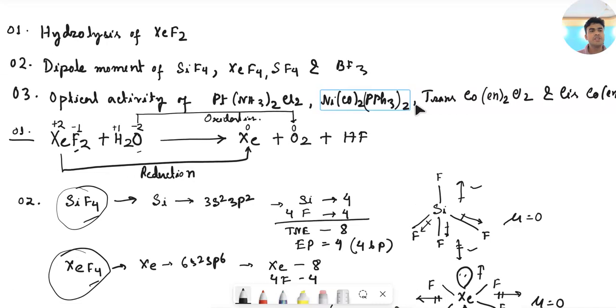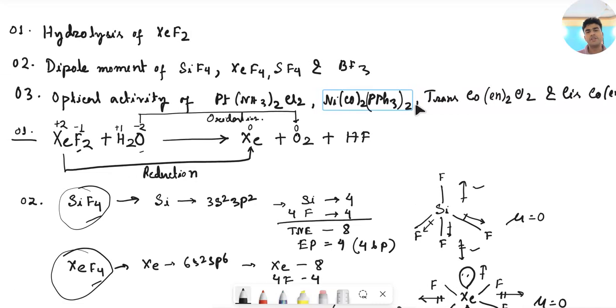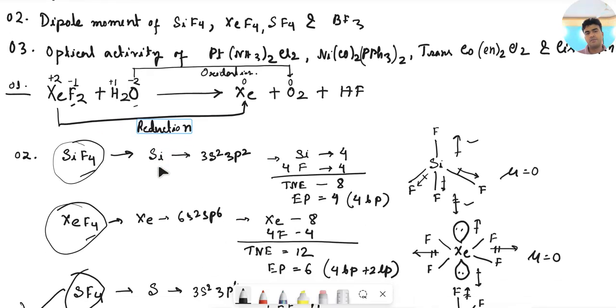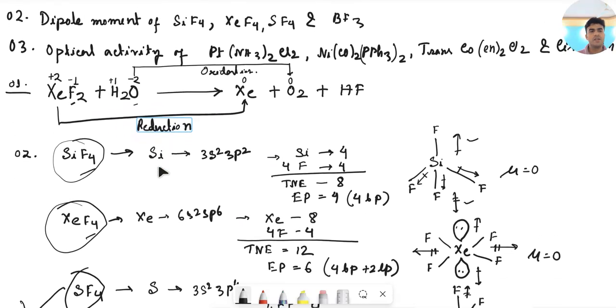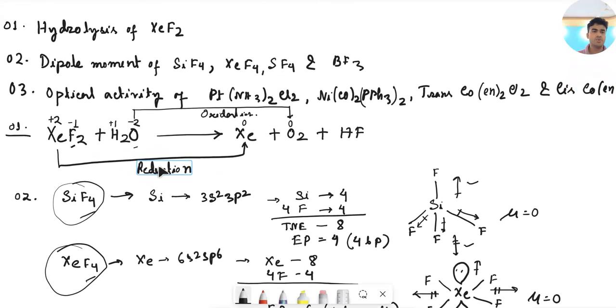These three questions came in GATE 1995, and I think after watching this video you'll have some idea about dipole moment, optical activity of inorganic compounds, and how the hydrolysis of XeF2 happens. I had already described the questions and will explain them in detail.